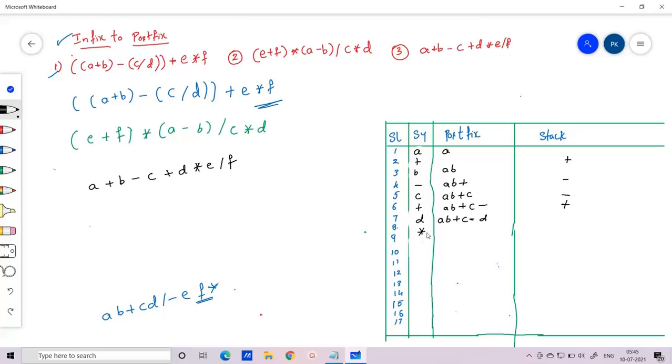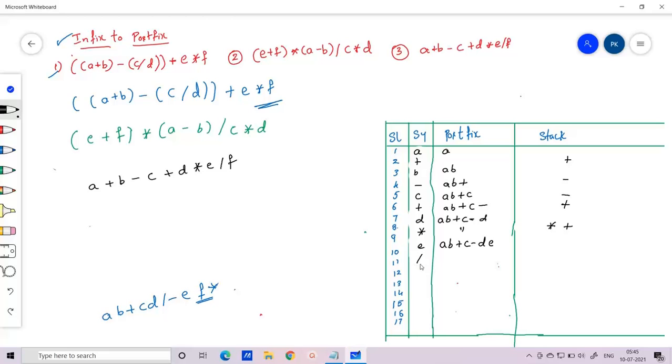Once I see the multiplication symbol, in the stack I have plus, which has lesser precedence than multiplication. So I'm not going to remove that from the stack. The multiplication symbol will be added onto the stack. So this will remain as it is. Next I have E. So I'll write AB plus C minus D, followed by E. And you have the divide by symbol.